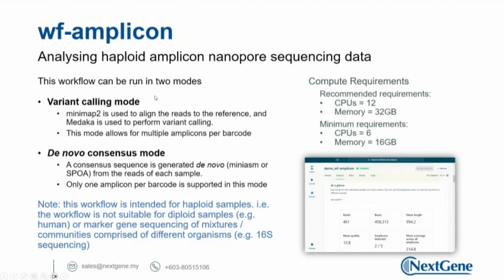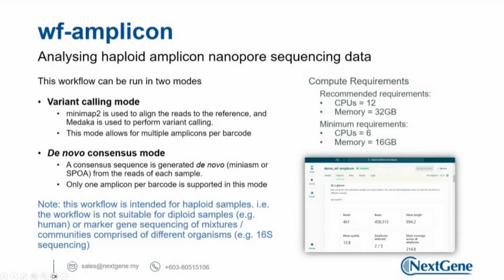In my case, I'm more interested to know whether the target regions or target genes in my samples have some mutations or variants, so I have chosen the variant calling mode. Basically, these are the available options for us to analyze Amplicon sequencing data.